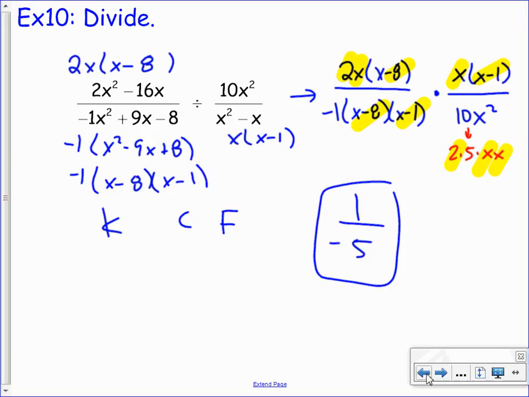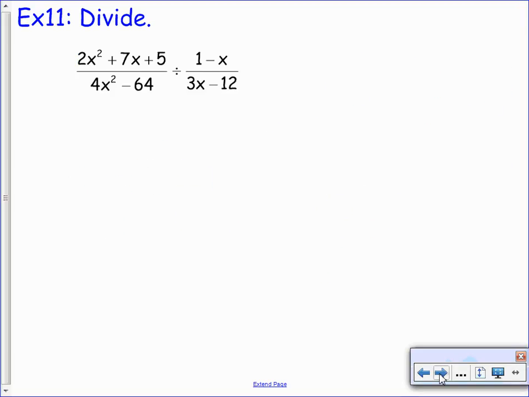The simplest part of the fraction. Whatever is not highlighted is not over. Okay, here we go. Putting it all together. This one I'm going to keep, change, flip as I factor. So remember to keep, change, flip.